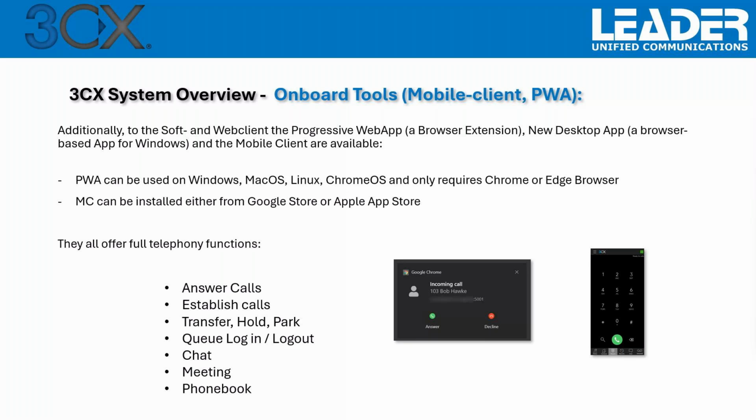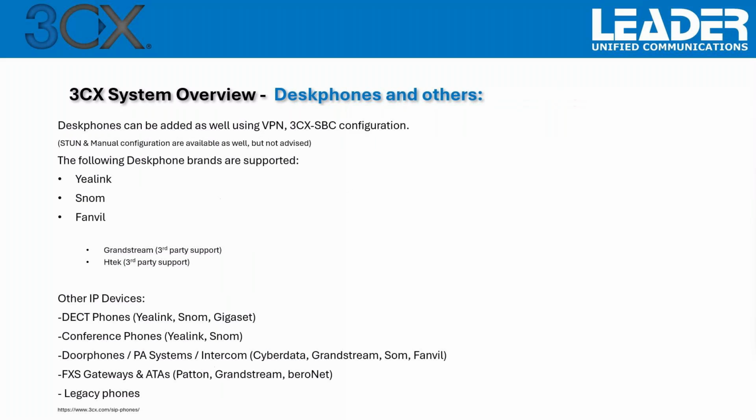And we have the whole system available there to answer calls, establish calls, transfer, hold, park, all these kinds of things. Again, when we have a setup with devices where we do not only have Windows installed, where we need something else, then we can use the Progressive Web App.